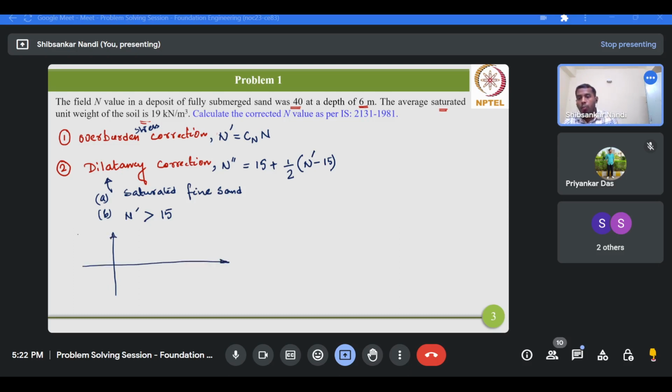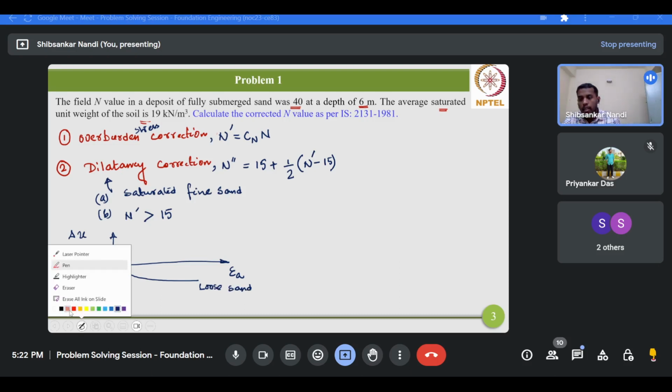If you plot the excess pore water pressure versus axial strain, it is from very basic soil mechanics. This curve is for loose sand or normally consolidated soil, and there is another curve in this plot, something like this.